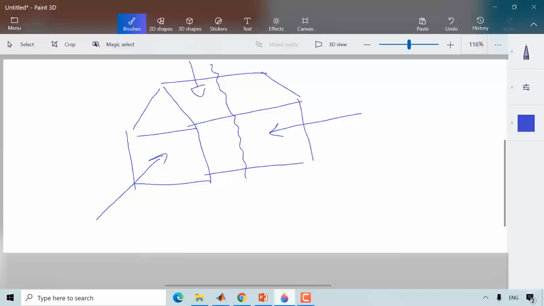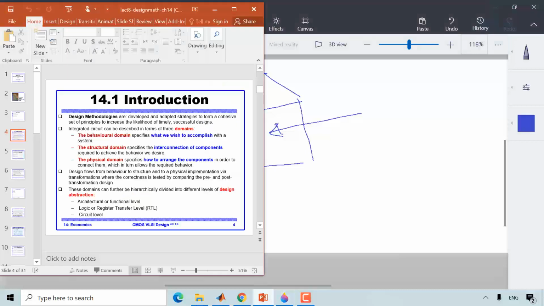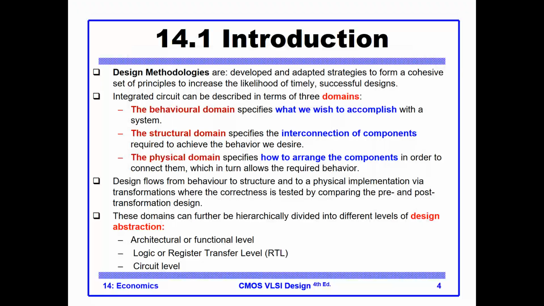These are different views. They show you the same thing, but from a different perspective with an emphasis on something. Okay, and this is exactly what we are talking about here in terms of the views or domains with which we describe the devices.